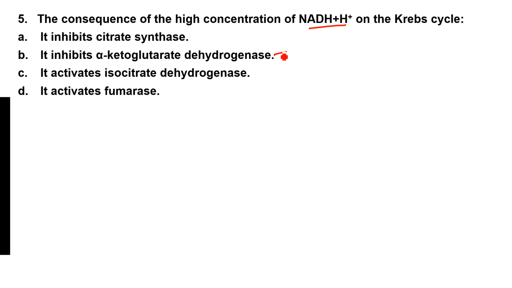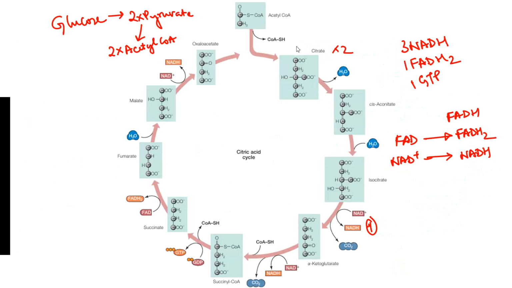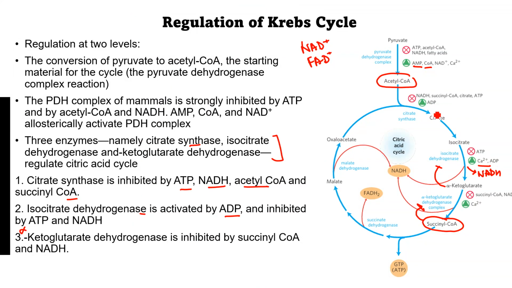So option number B is correct. It will not activate, right? If the concentration of NADH and H plus is high, you can eliminate options C and D. Also option E is correct for this question. We just now saw here that if NADH is high, then it is inhibiting citrate synthase. The cross mark means that NADH, succinyl CoA, citrate, ATP, these molecules are inhibiting the enzyme.